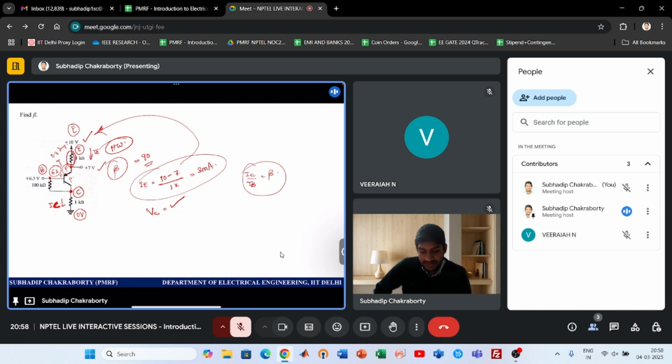So IE is known, 3 milliamps. Then you can calculate the collector voltage: 3 times 1, which is nothing but 3 volts. You understand why it is 3?